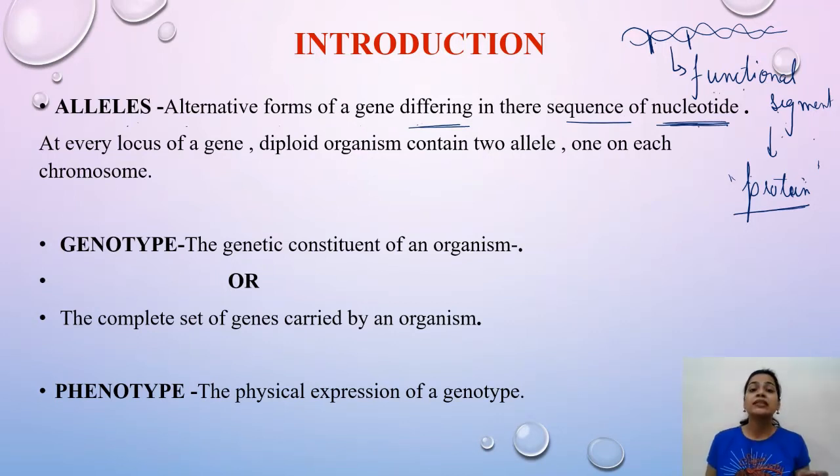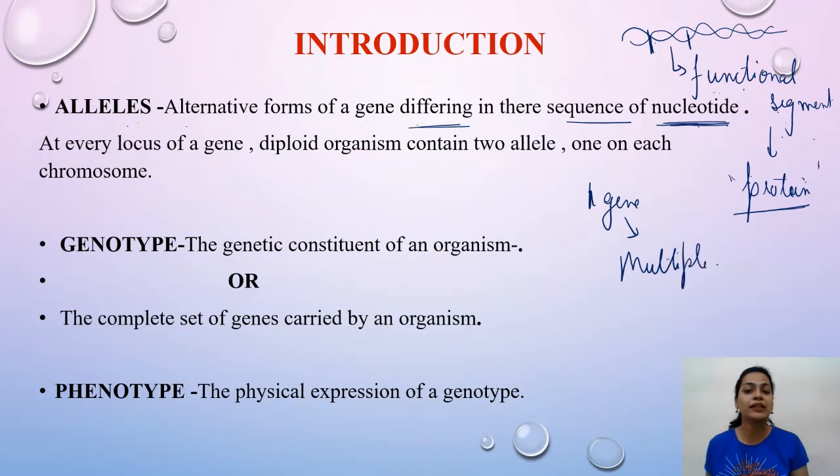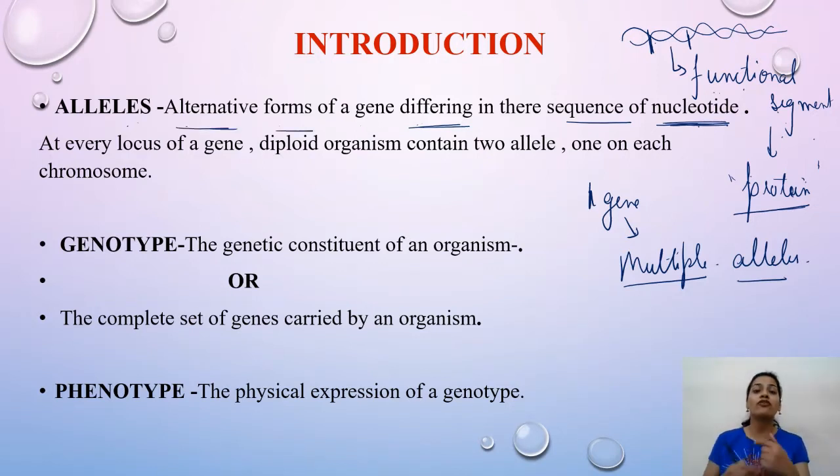One gene can have multiple alleles. Alleles are the alternative forms of the gene. A gene can be present in similar forms, or it can be present in multiple forms.